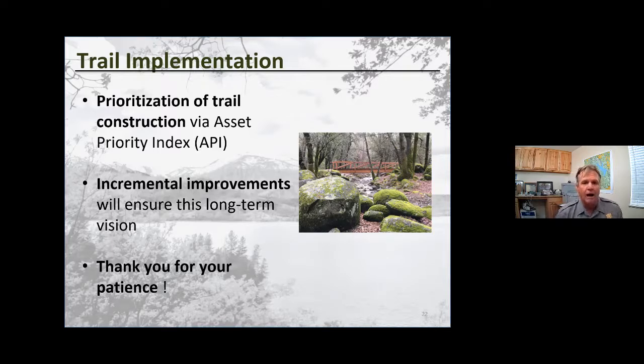Our high visitation trails are going to rate high on our Asset Priority Index, which will make us want to spend more time and money keeping those trails up because they're getting the majority of the use. Whereas some other trails might be only getting a couple hundred visitors, and we don't want to spend a whole lot of time and money on those if they're not going to be used. The Asset Priority Index is really more complicated than what I have presented, but that's kind of an overview.